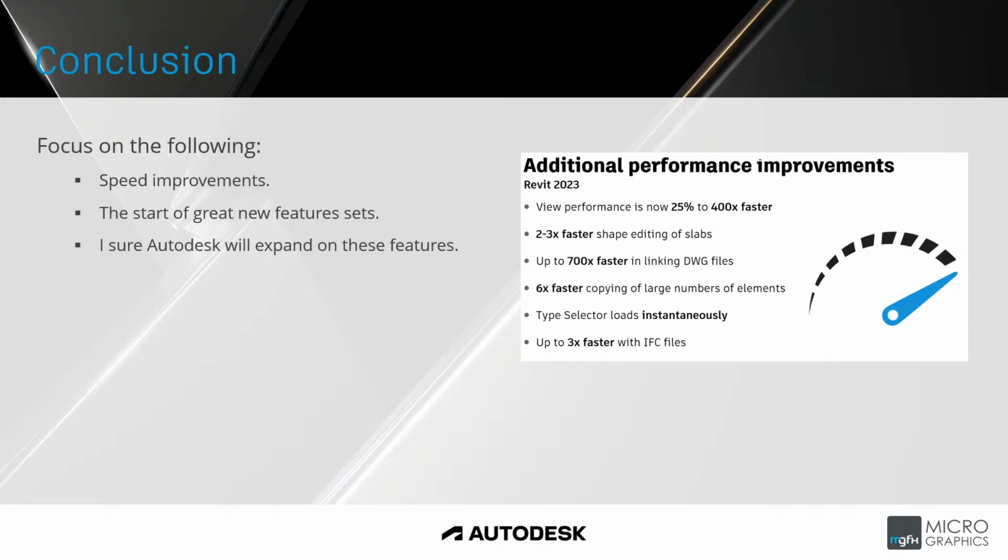Type selector also loads instantly, so if you click a button, everything is there, which is great. Seeing these improvements year by year obviously increases the performance, and it enhances the user's experience with the software.